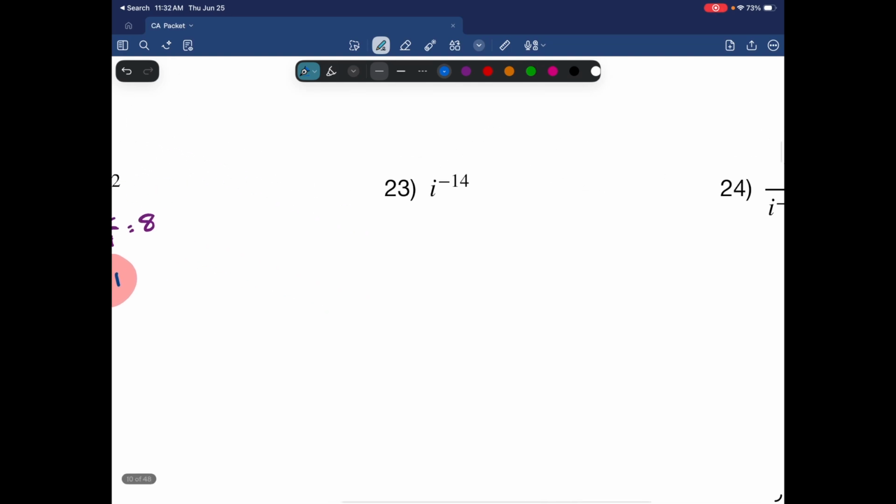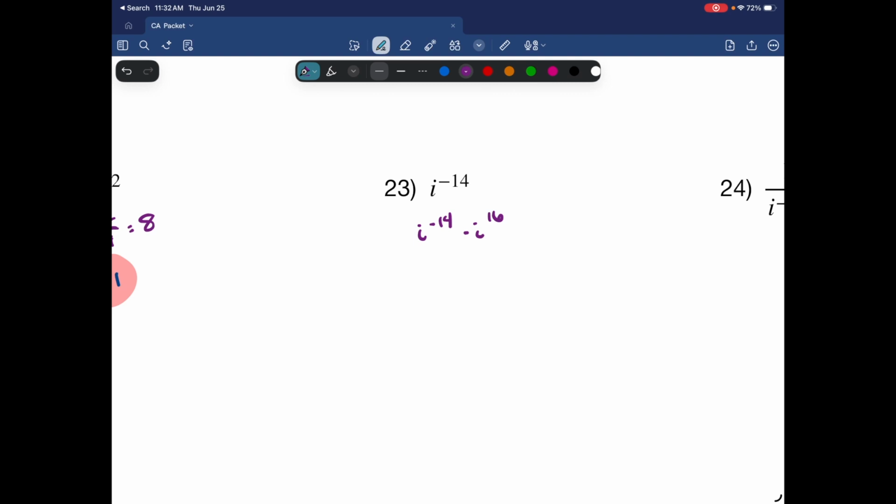23, this one's tricky, all right? You have i to the negative 14, but I want it to be a positive exponent. So i to the negative 14 times i to the 16 would get me into the positive territory. And I'm multiplying by 1. So 4 goes into 16 evenly, so I'm multiplying by a multiple of 1.